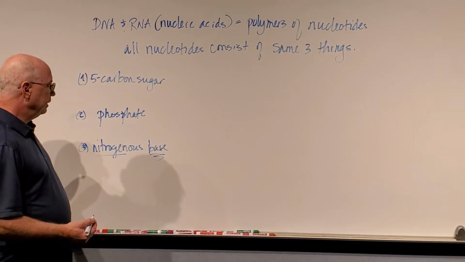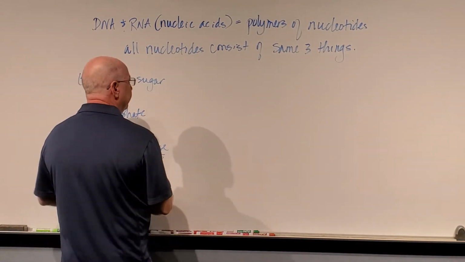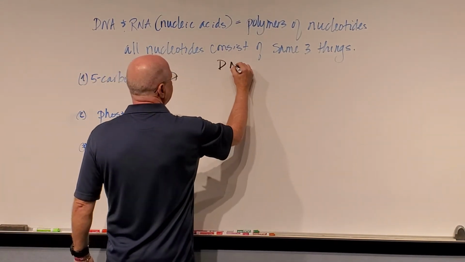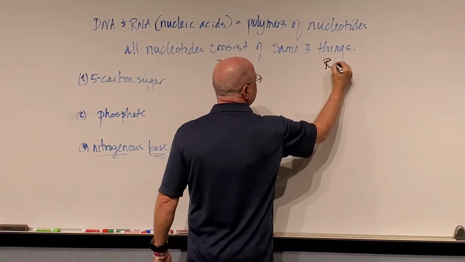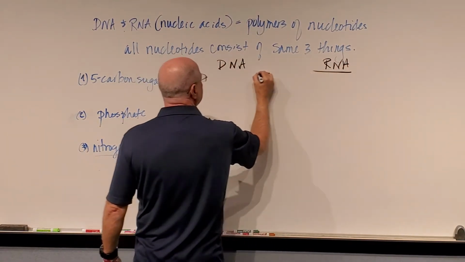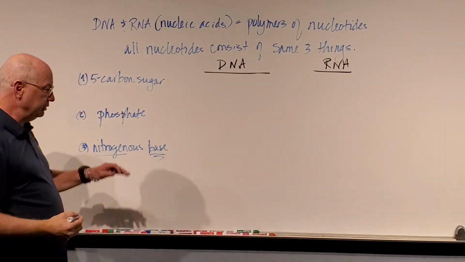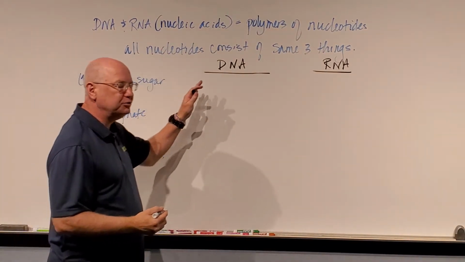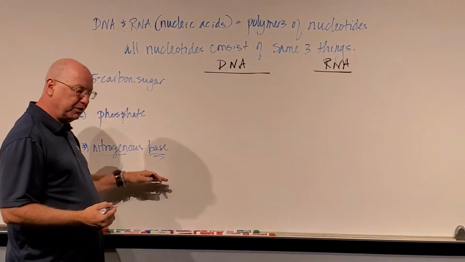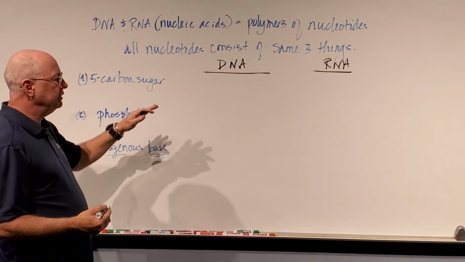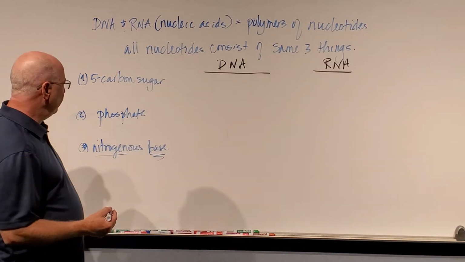Now, when it comes to DNA and RNA, if I were to put this in a nice, neat little table, we can distinguish between the types of components that make up each nucleotide for DNA and those from RNA.